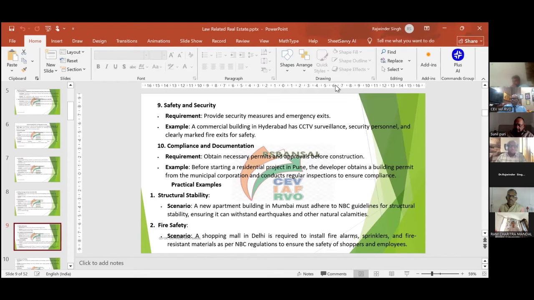Though it is safe, it is able to store the water, but it is leaking. It is not serving the purpose for which it has been constructed. So if it is not useful, then your design is not of any use. So it should serve for the life for which it has been designed. So this is what structural stability says.